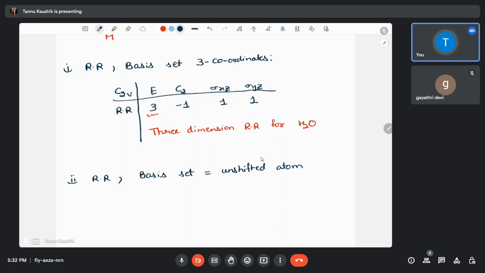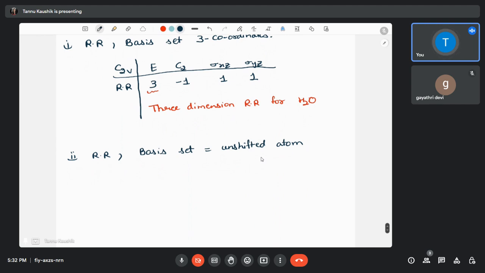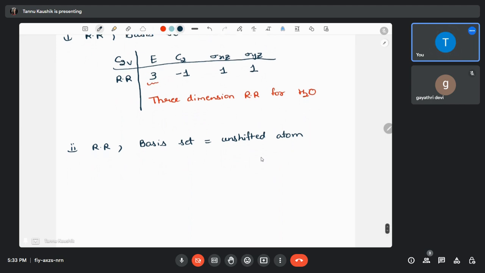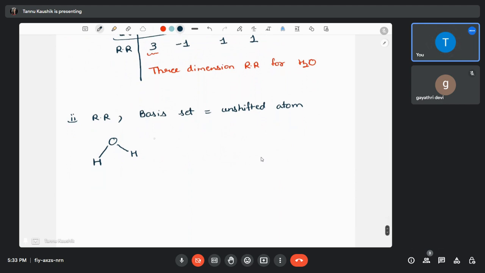When we apply these symmetry operations with respect to a particular group, here H2O comes under the C2v point group, which has the operations identity, C2, sigma xz and sigma yz. So when we apply these operations on the water molecule, the number of unshifted atoms during each operation will give the reducible representation for that molecule.